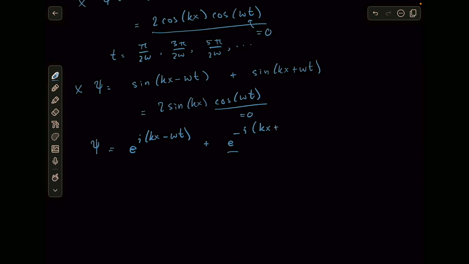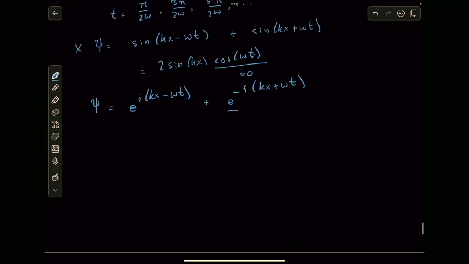So it's plus omega t here. And now if we rewrite this, we have the following.